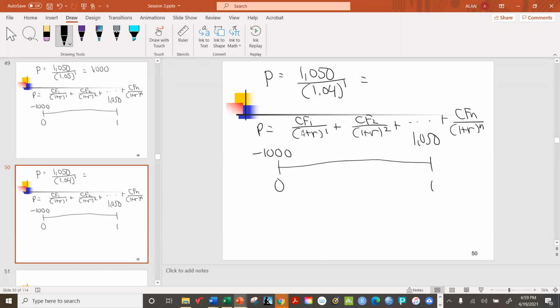Okay, so 1050 divided by 1.04 is 1,009.62, which is more than, of course, $1,000. So if I want to buy that bond today, it'll set me back $1,009.62.